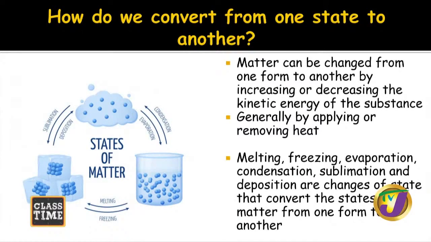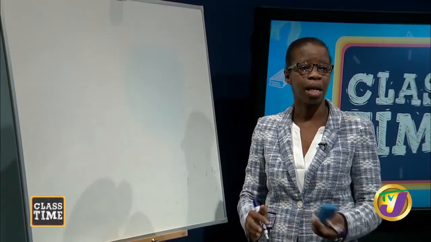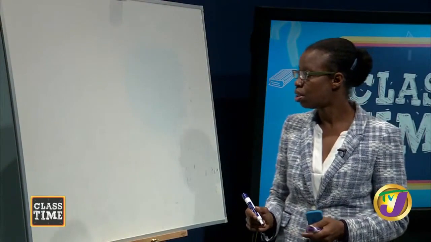Or, popular example, you take out your ice from your refrigerator and you leave it outside, and after some time, the solid, the ice, melts. All these are examples of how the states of matter can be converted from one to the other.